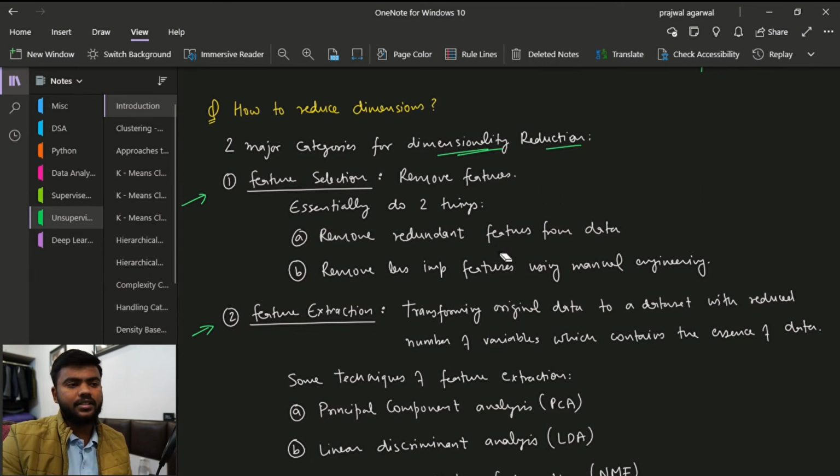For example, we have a feature X, and there is another feature derived from X, suppose X square. We can very simply remove X square, because we can anytime derive X square from X. So we remove this type of feature as well, and we remove less important features using manual engineering.